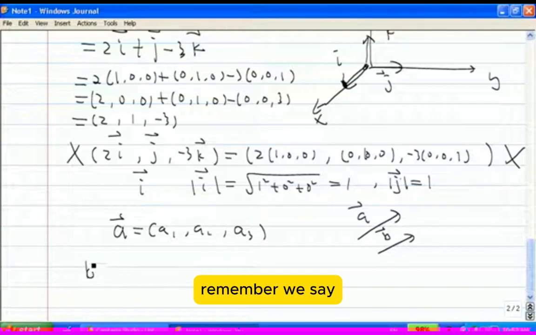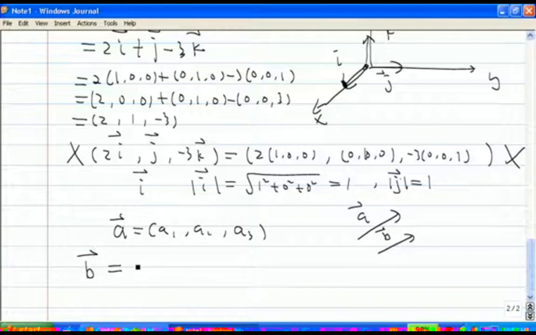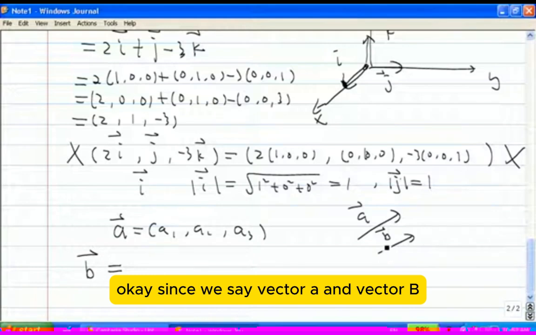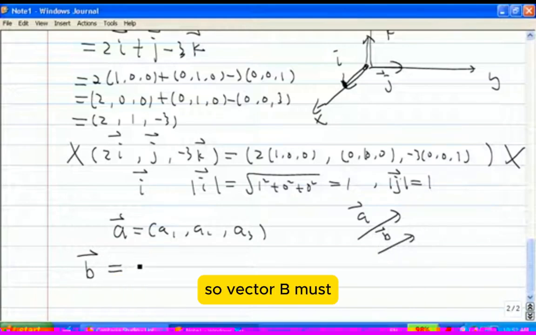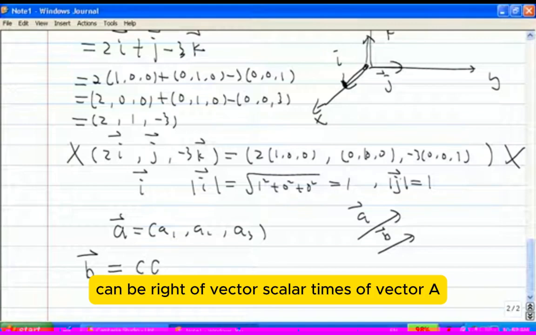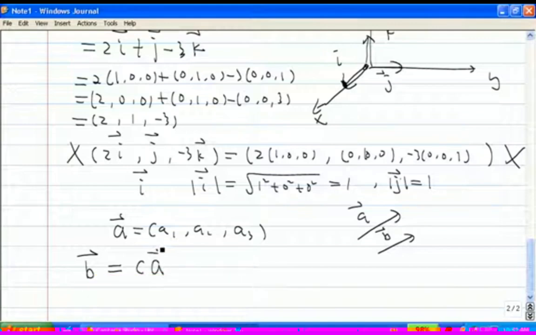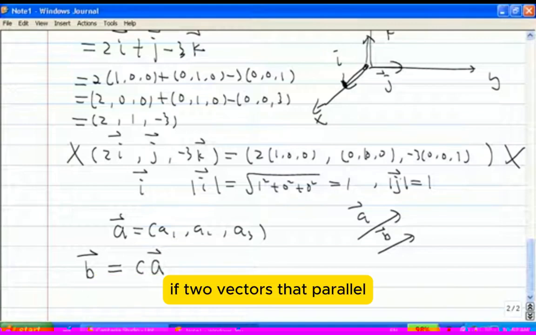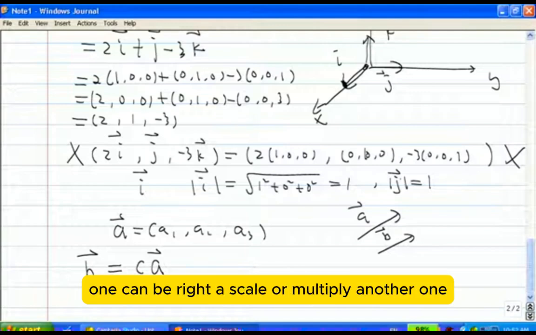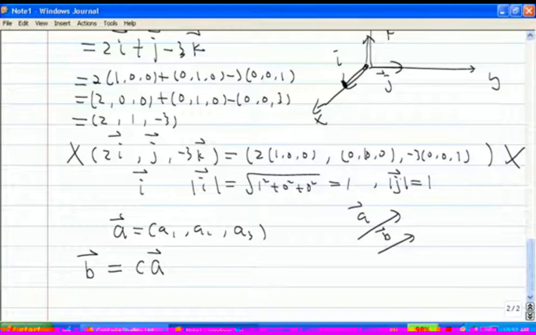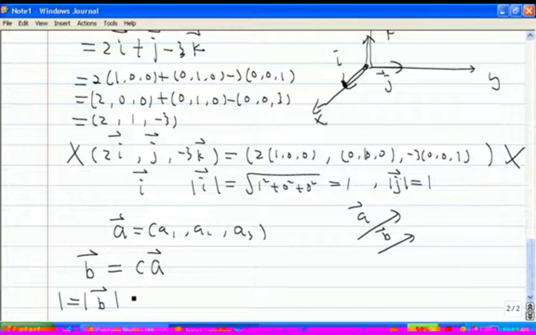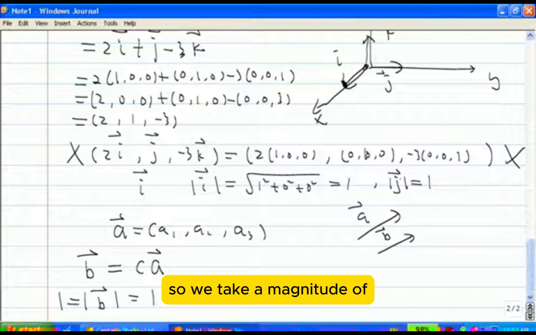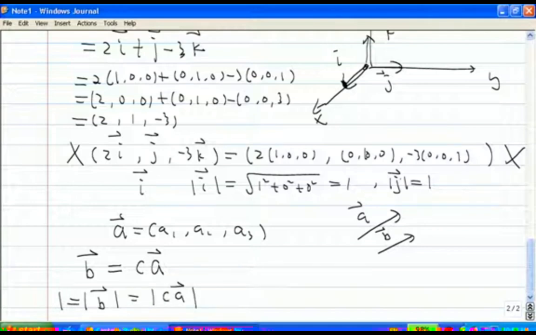Remember, since vector A and vector B are parallel, in the same direction, vector B can be written as a scalar times vector A. If two vectors are parallel, one can be written as a scalar multiple of the other. On the other hand, we want the magnitude of B to be 1. So we take the magnitude of both sides.